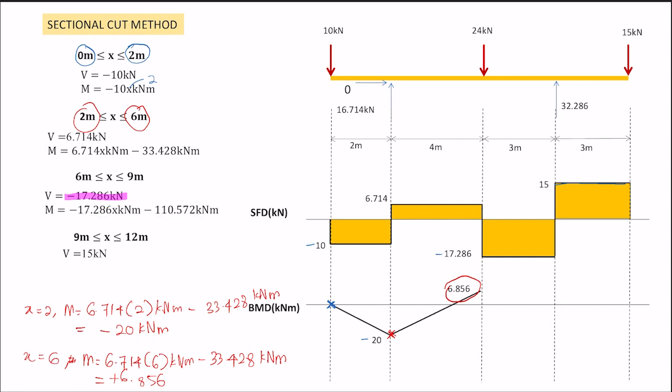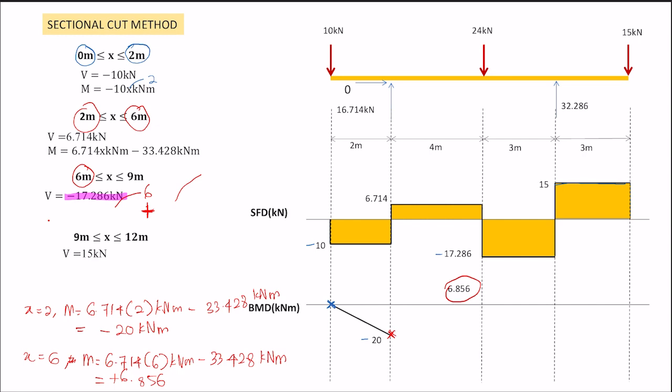Next boundary we have here, X must be bigger or equal to 6 meter but less or equal to 9 meter. Same here, you substitute 6 meter as the boundary in X. I get the value is, sorry again, here it is actually plus, I made a typo.